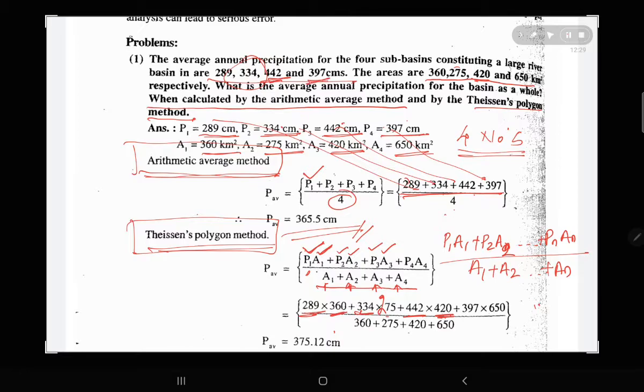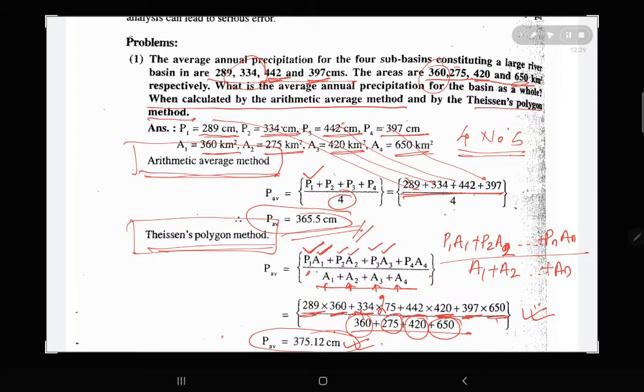Next, 397 centimeter is the precipitation and the area is 650, divided by the total areas: 360, 275, 420 and 650. These are all the areas. So using this Thiessen polygon method, the average rainfall of the example city is equal to 375.12 centimeter. This is the average rainfall.